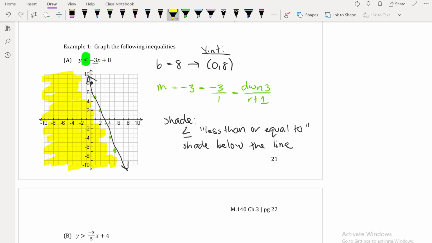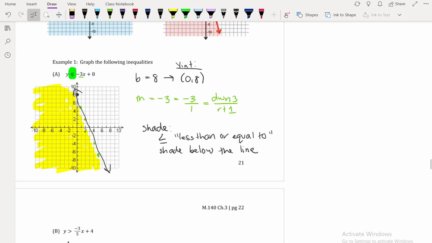And if you're still having some difficulty thinking about how exactly she knew to shade below the line, what would make you think that? Well, let's think about taking the point 0, 0. So we're going to do a point check. It might be helpful to use the point 0, 0. So this is for x and this is for y. In my equation, I had y is less than or equal to negative 3x plus 8. What would happen when I plug in for my x and y value?